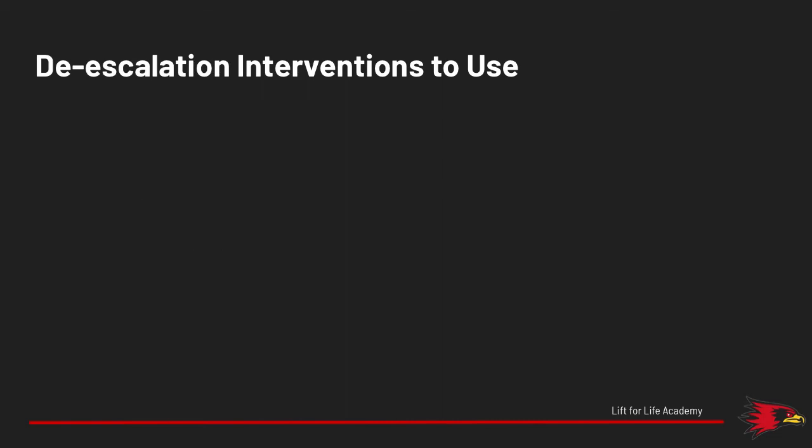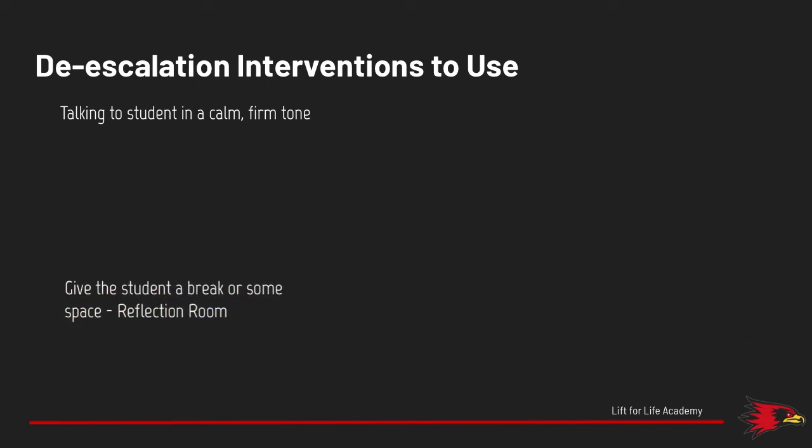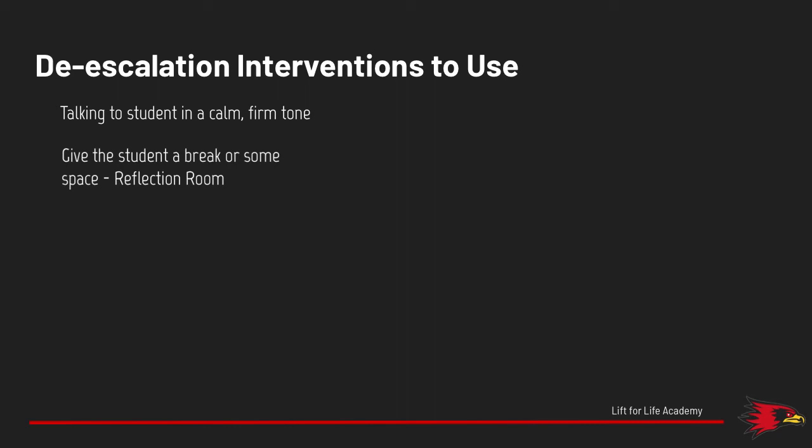student. If students do become emotionally triggered during class and it cannot be prevented, then using a de-escalation intervention will be necessary. These include talking to the student in a calm but firm tone. This will help calm the student down. It's also important to give the student a break or some space. This can be done with a reflection room and having the student fill out the reflection zone form.